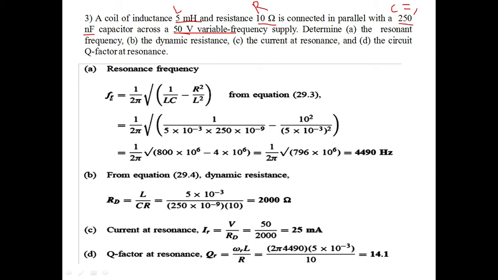The resonant frequency FR is equal to 1 upon 2 pi root of 1 upon LC minus R square upon L square.